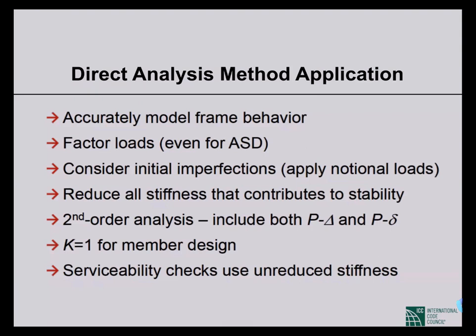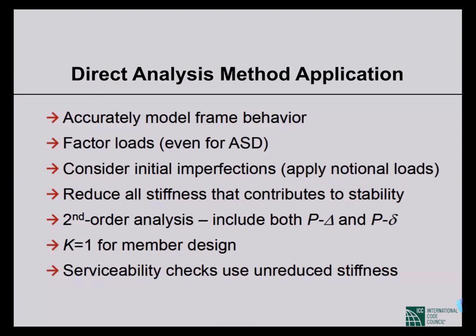Fourth point is to reduce all stiffness that contributes to stability. There are factors given in the code for this method. We reduce the stiffness, EI and EA, flexural stiffness and axial stiffness. And then second order analysis is conducted where both P large delta and P little delta effects are considered.